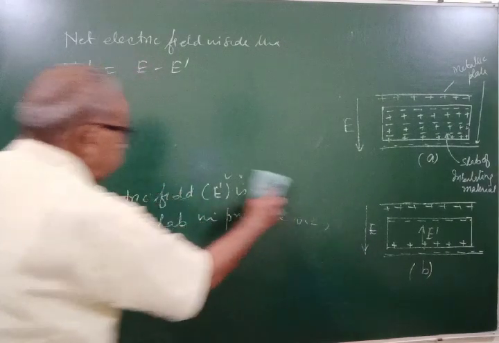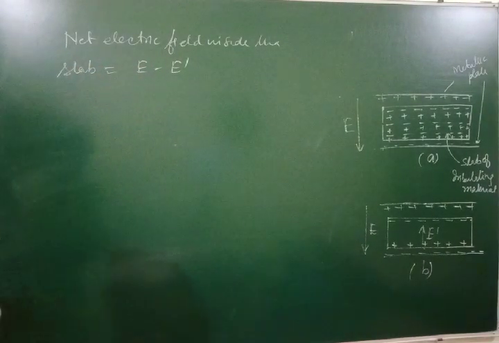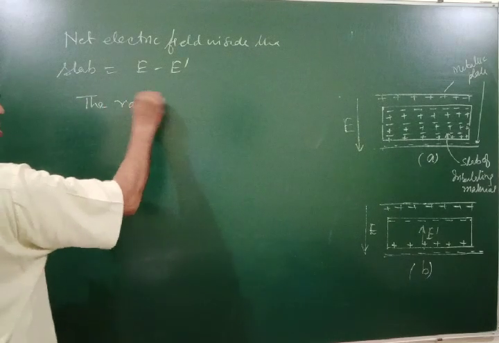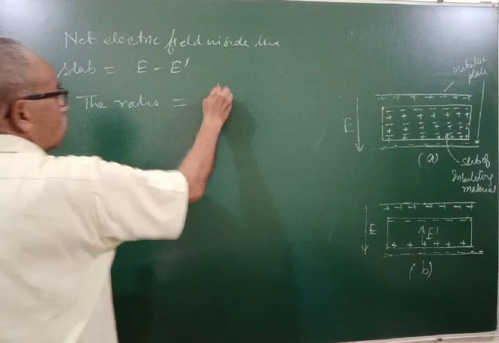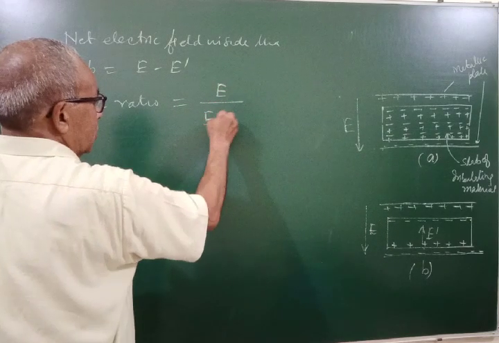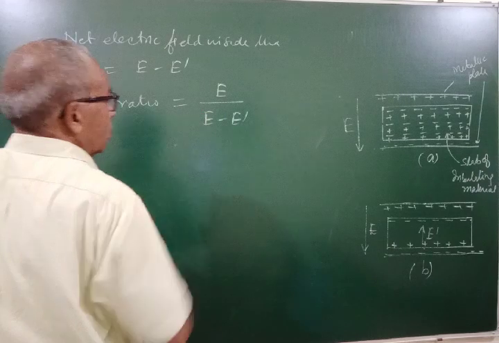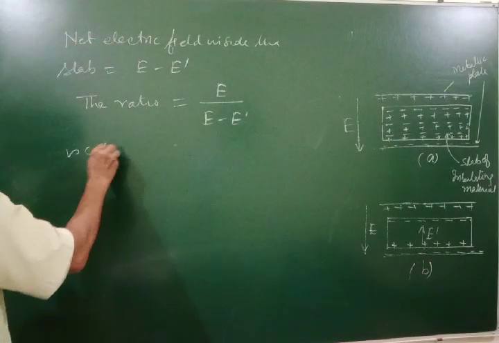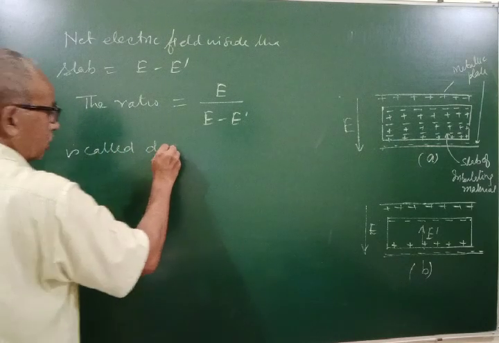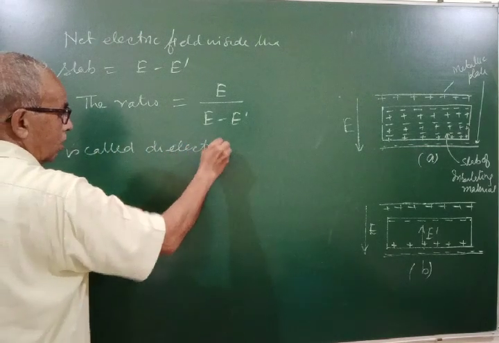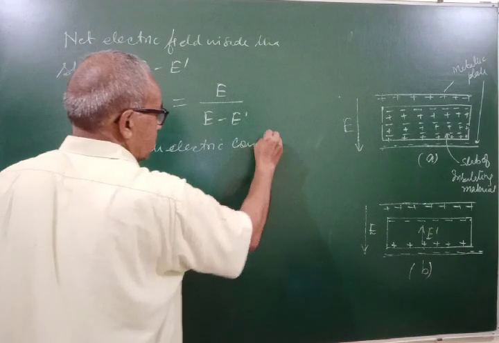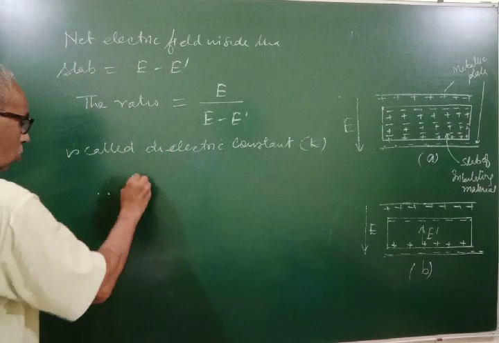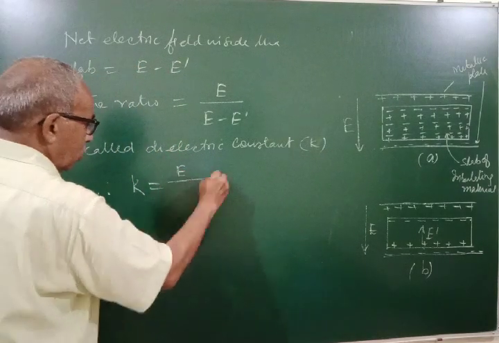The ratio of E upon E minus E dash is called the dielectric constant. Dielectric constant K, so K equals E upon E minus E dash.